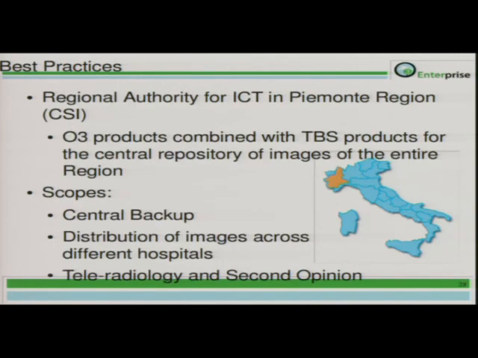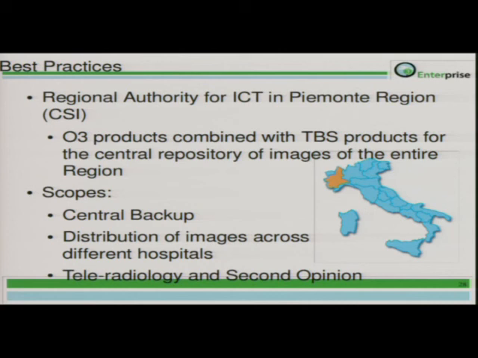I have a best practice for this kind of solution in the Piemonte region in Italy, a big region with 6 million inhabitants in the northwest part of Italy. We installed our system integrating TBS Group products and O3 products, a complete open source stack to manage all the images of the region.